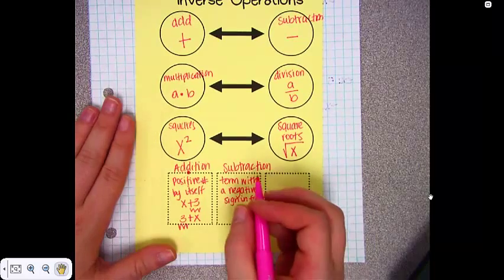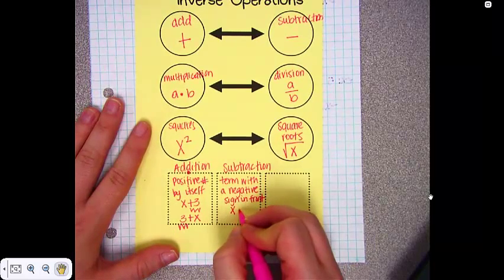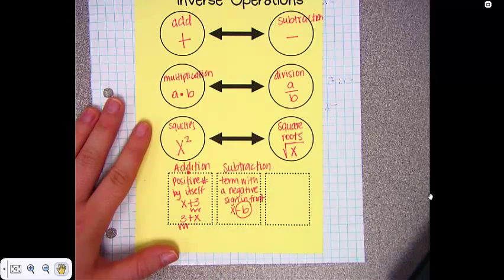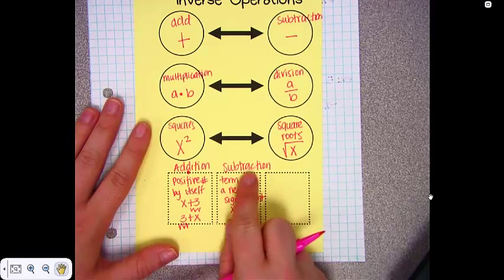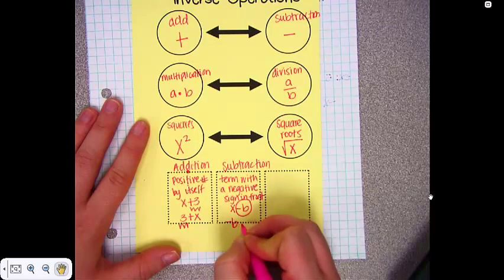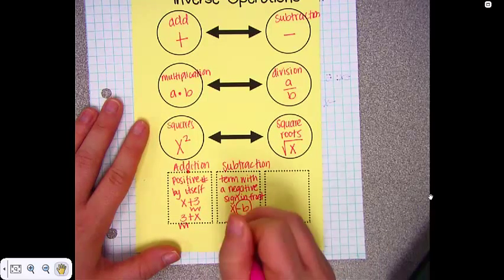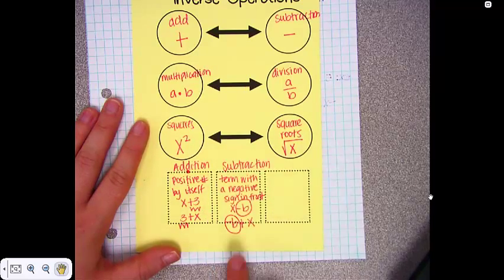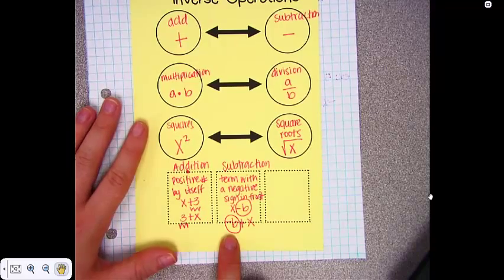So, for example, we have x minus b, right? This is a negative b, a minus b, that is subtraction, the inverse for which is addition. Also, negative b plus x. Even though this is addition, right here, since this is a negative b, it is subtraction.